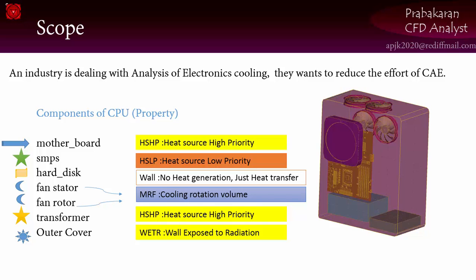Likewise, if you go to the transformer, this is a high heat source and high priority, and the outer cover is exposed to direct radiation. So these are the parts which we are having, and these are the things which we need to consider as CAE when we know the naming.